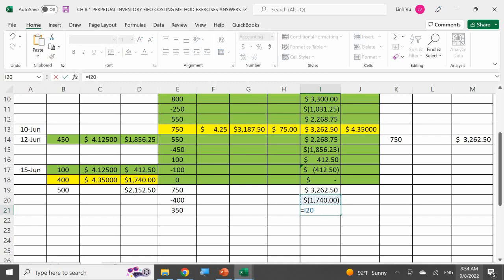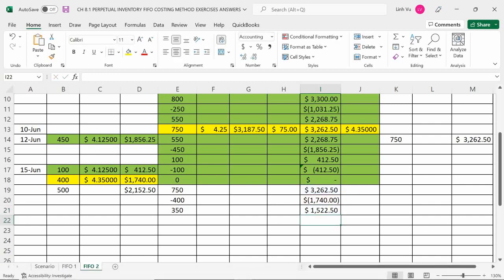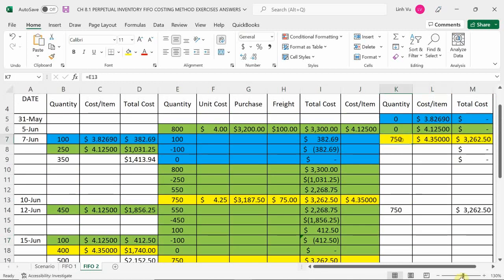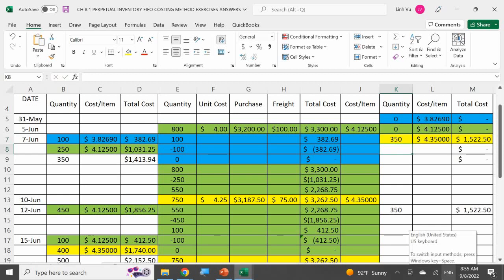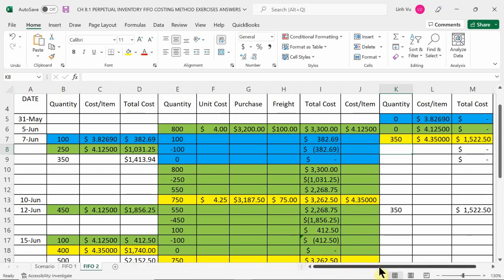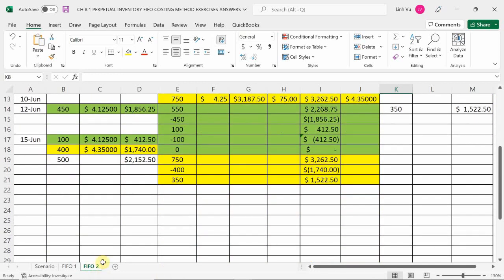I should be left with 1522.50. Right? So let's go ahead and update my inventory now, because now I only have 350 units left at $4.35, which gets me 1522.50. Right? Cool. So now I only have 350 units left. So let's see what's next.